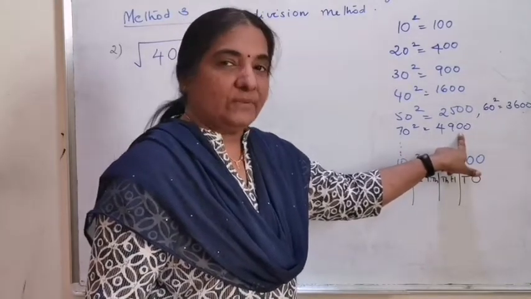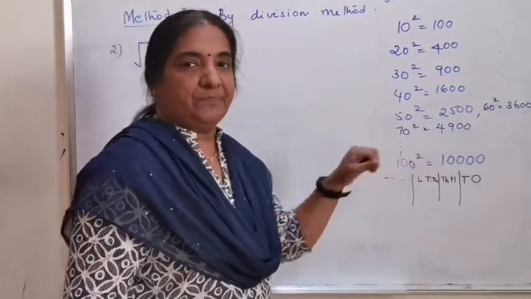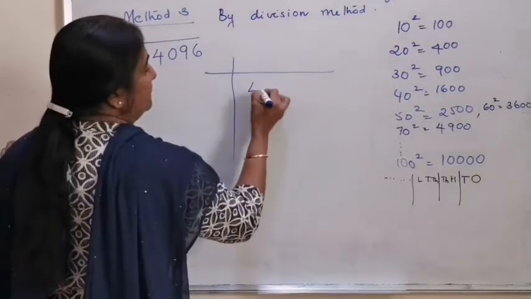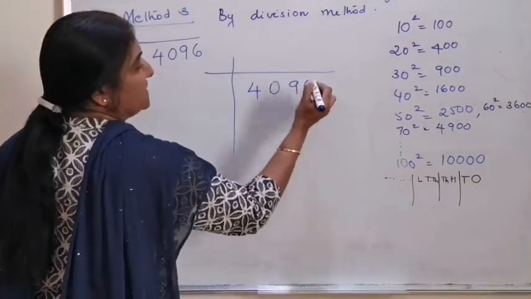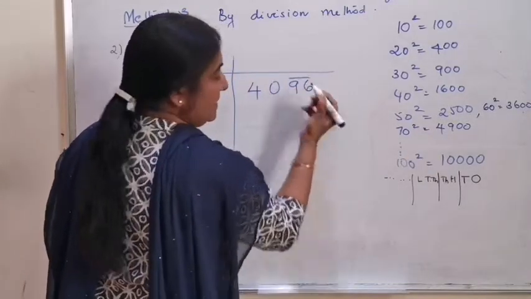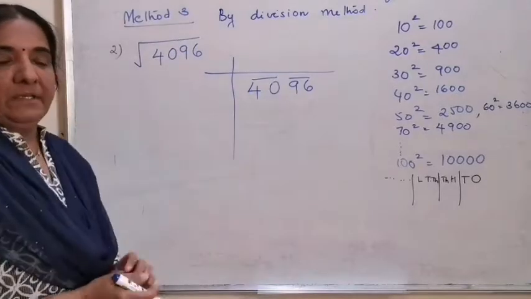Therefore, the square root answer will be a number between 60 and 70. The grouping is from the units place, ones and tens, then hundreds and thousands place.